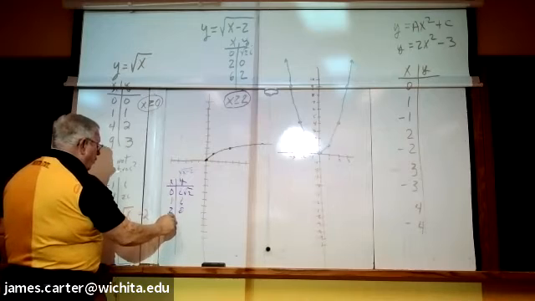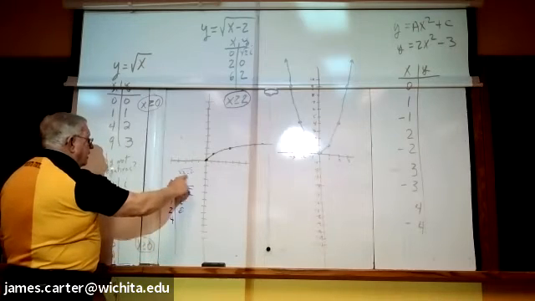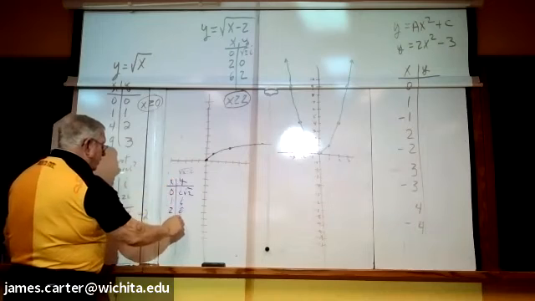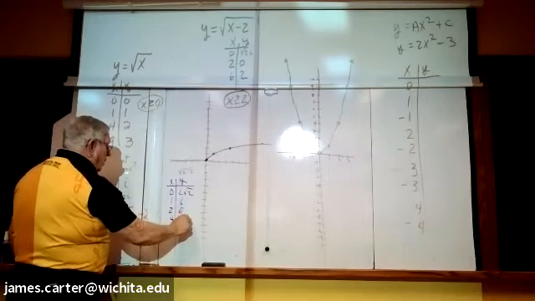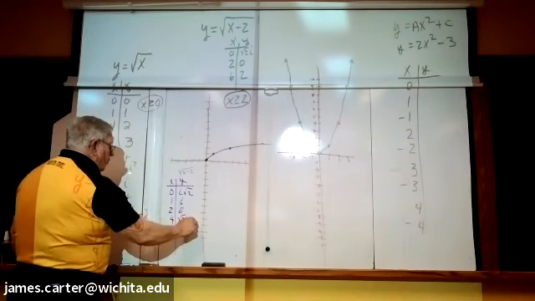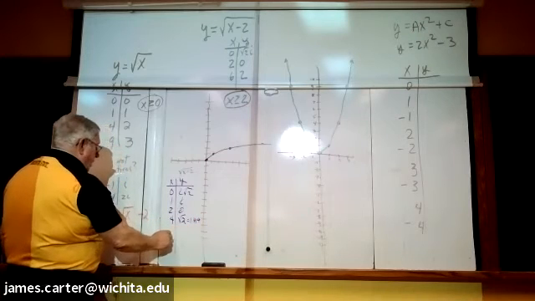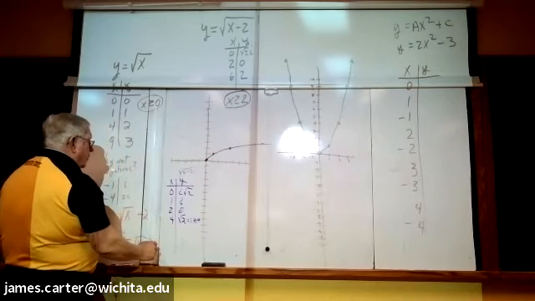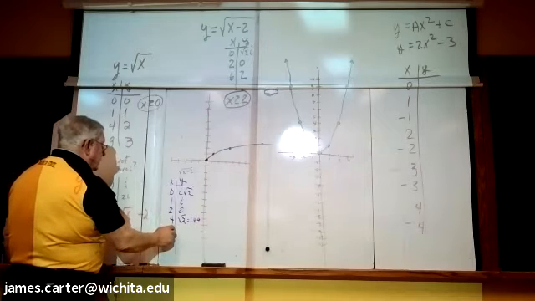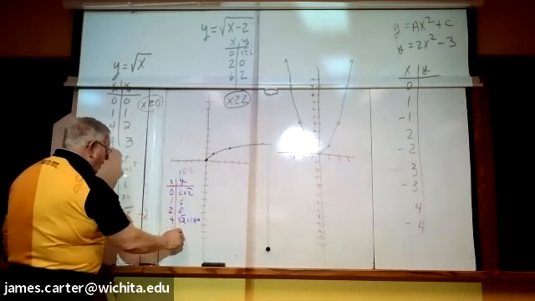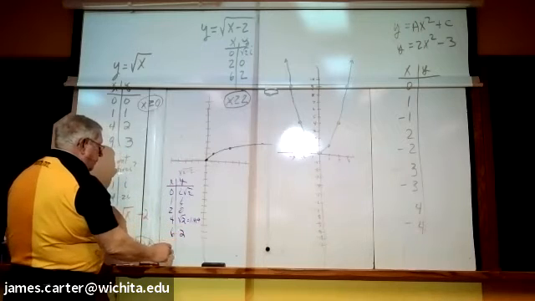If x is 4, I'm picking nice numbers. 4 minus 2 is 2, and I would get square root of 2, which is 1.414. If I pick 6, 6 minus 2 is 4, and I get 2.